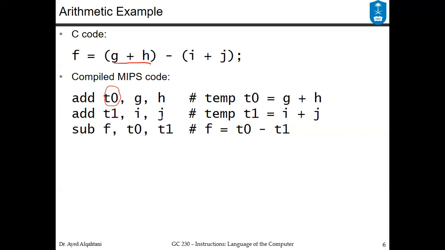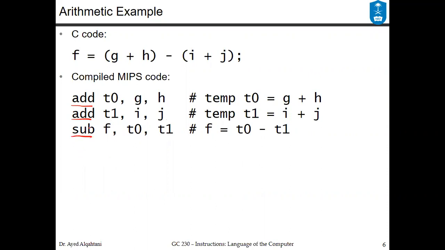Similarly, we add I plus J, and after the addition operation, we put the result into the temporary value, T1. Now, we take T0 and T1, and we subtract T0 from T1 using the subtract instruction, and we put the result into F. You can see that we used 2 different instructions. The first one is add. We use it 2 times, and after that, we use the subtract instruction.